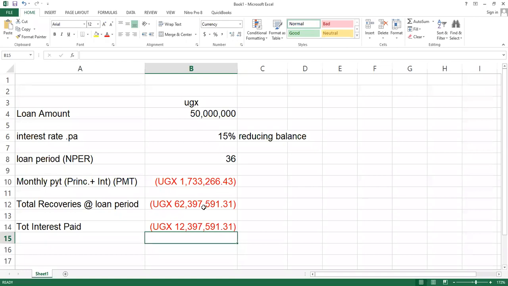You can see it from here. Because if you look at 62 and 50, ideally you realize that the difference is 12 million, meaning that you've added 12.39 million as the interest. Okay. Now, having that framework, I can now prepare my amortization.